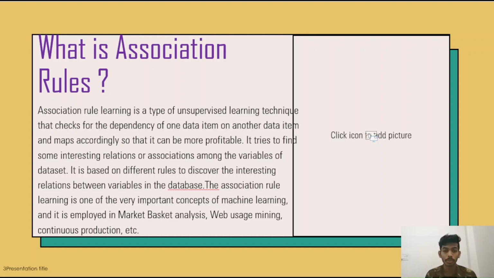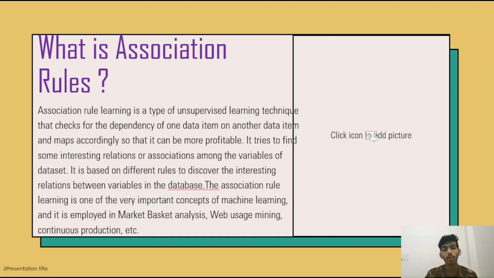It is based on different rules to discover interesting relationships between the variables in a data set. Association rule learning is one of the very important concepts of machine learning, and it is employed in market basket analysis, web usage mining, continuous production, etc.